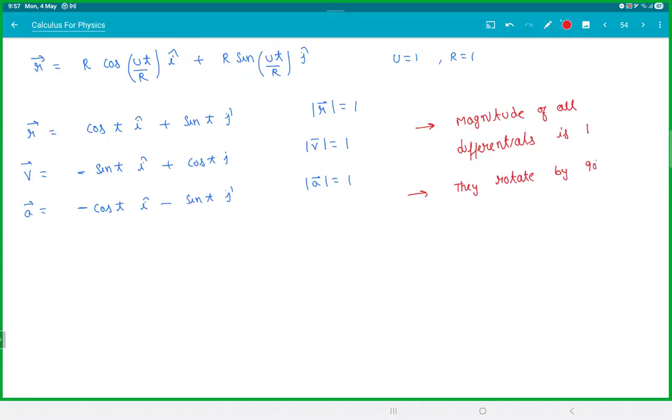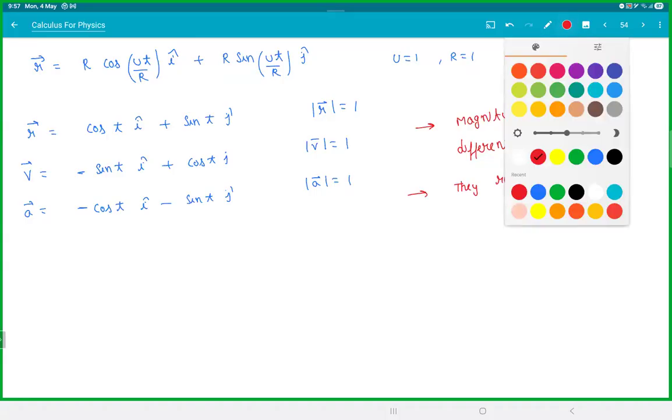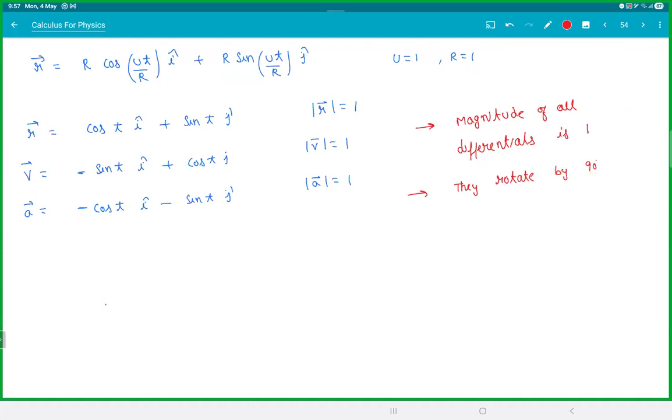So the first differential would be dr by dt. I'll call it R1 for simplicity. Then this would be your R2, this would be your R3, and this would be your R4. Did you notice something? If you take a set of 4 vectors, won't they cancel out? R2 and R4 will cancel, R1 and R3 will cancel because they're opposite.